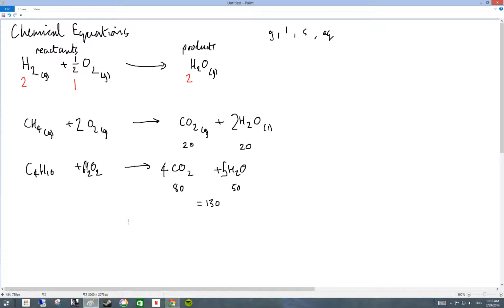Let's look at another one. So these involve covalent molecules. Let's look at some solutions.